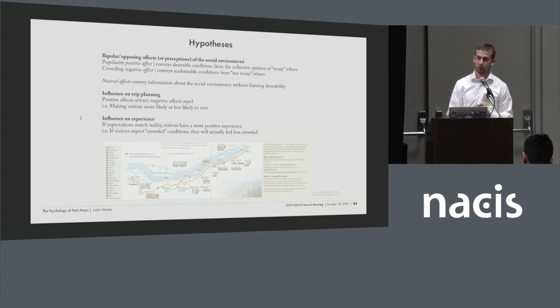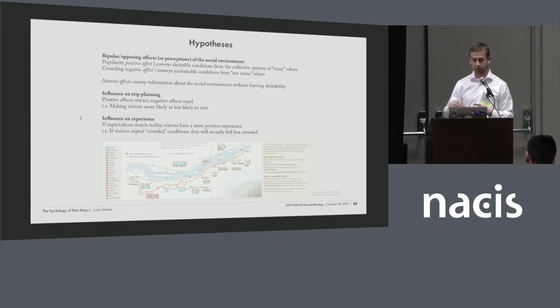It's conveying desirable conditions: a lot of people go there and want to go there, so it must be good. On the other side, you have crowding, which also says that a lot of people go there, but it's not conveying those positive aspects. It's conveying the negative, undesirable conditions from too many people being there.